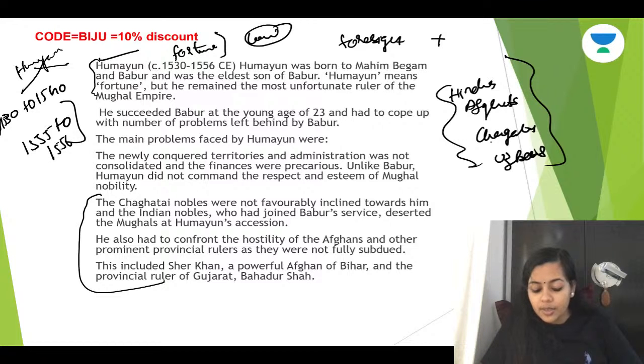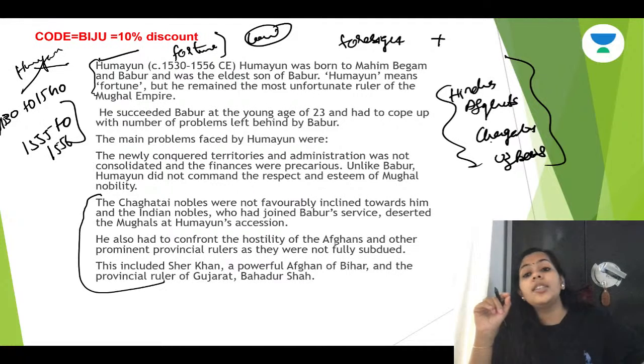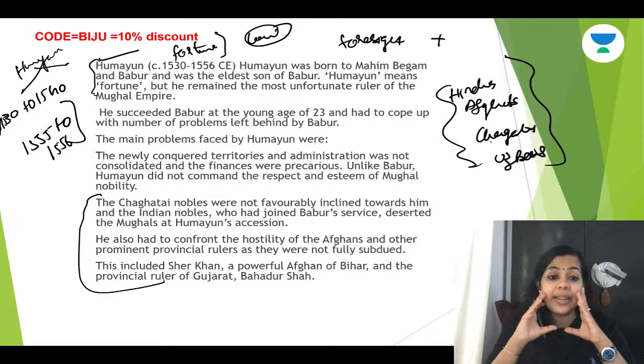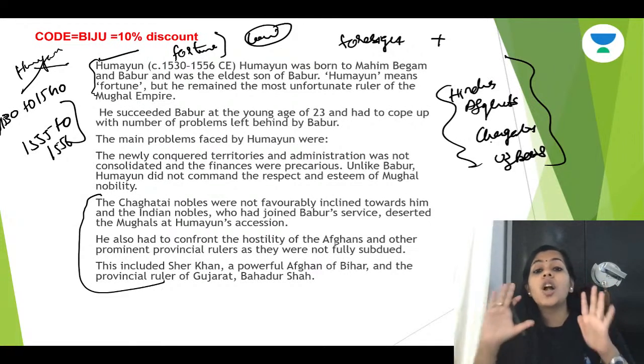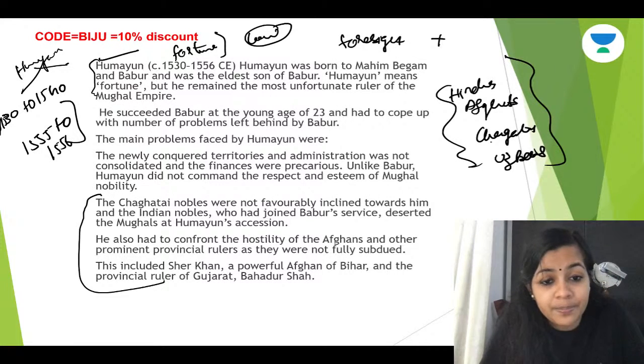So they had small differences in beliefs and culture. If you want to rule all these people, you need a capable leader, but Humayun was not a capable leader to conduct all these military tactics.